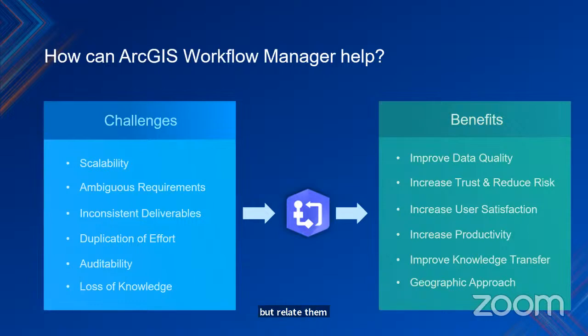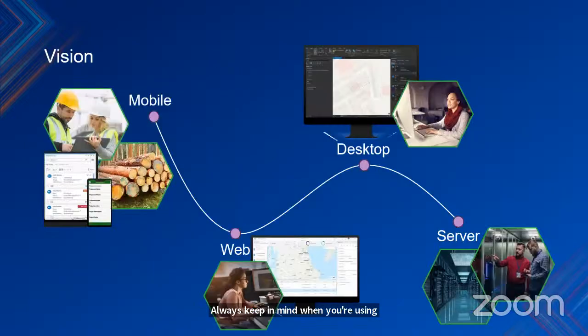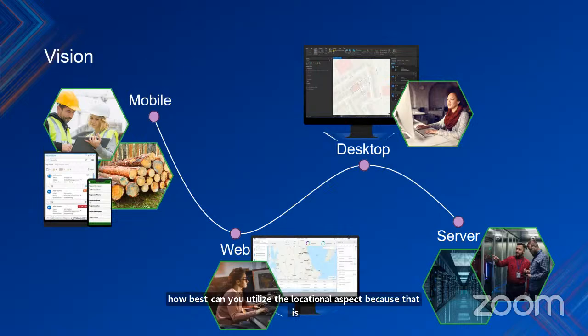That is something to always keep in mind when you're using ArcGIS software. The geographic approach comes into play. Automatically think about, fine, you're combining GIS and non-GIS work, but how best can you utilize the locational aspect? Because that is definitely one of the strengths of the software that we provide.